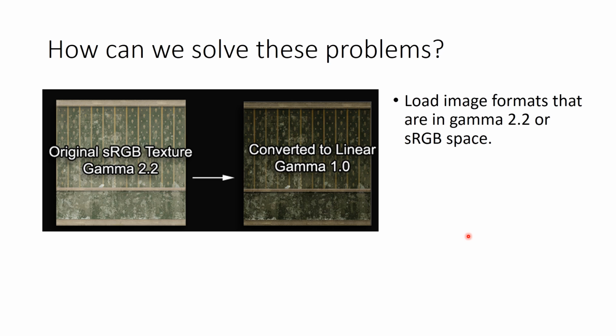Okay, a good question is how can we solve these problems? First of all, you need to load image formats that are in Gamma 2.2 or sRGB space. For example, DirectX and OpenGL have texture types that are of sRGB type. So in this case, you should use them.